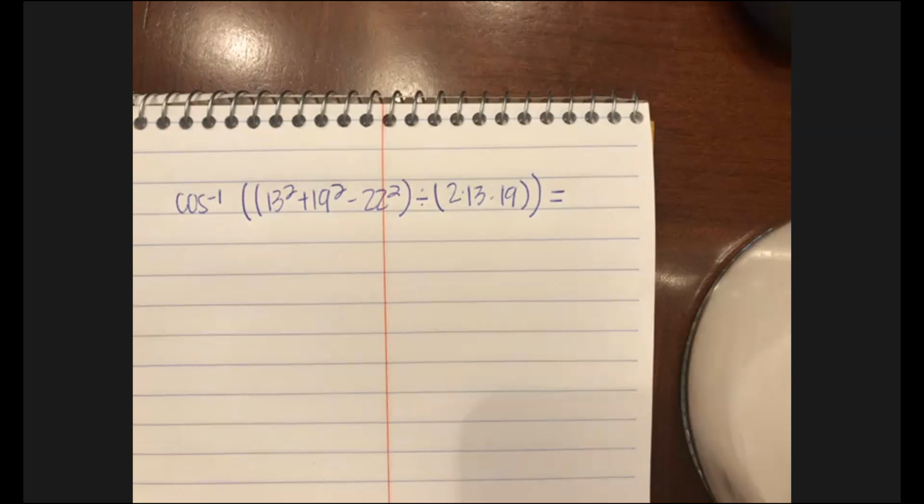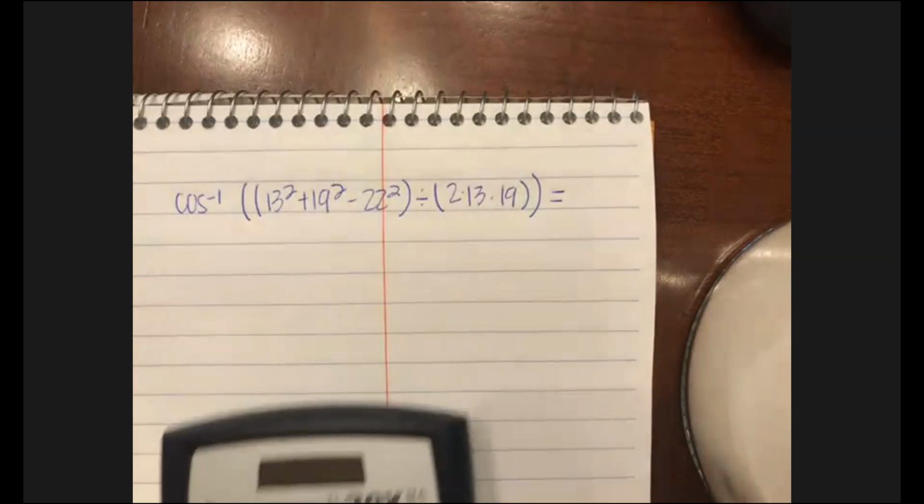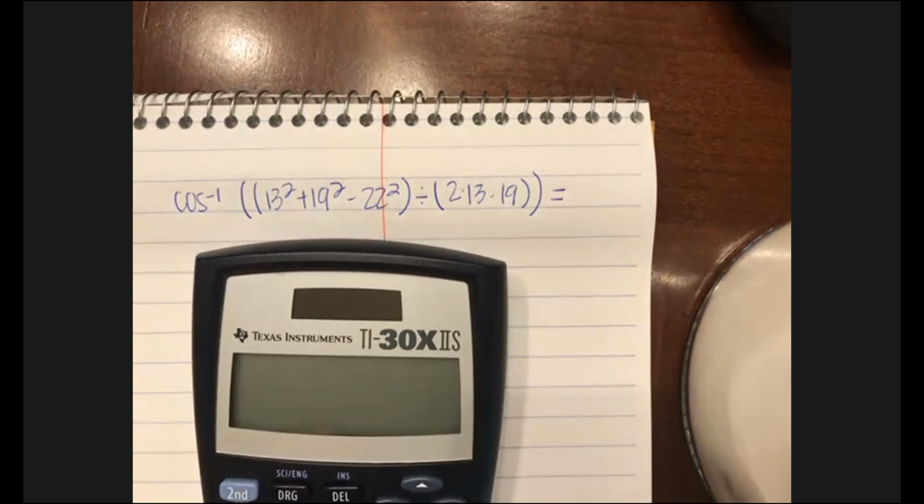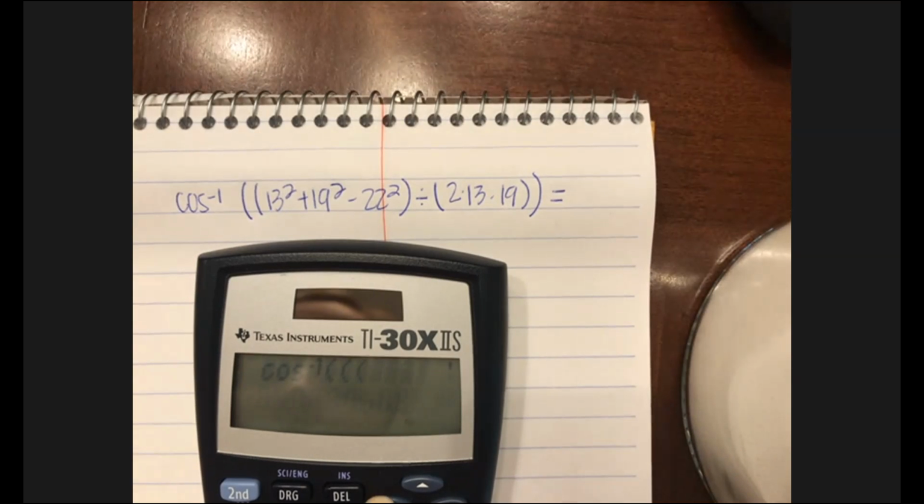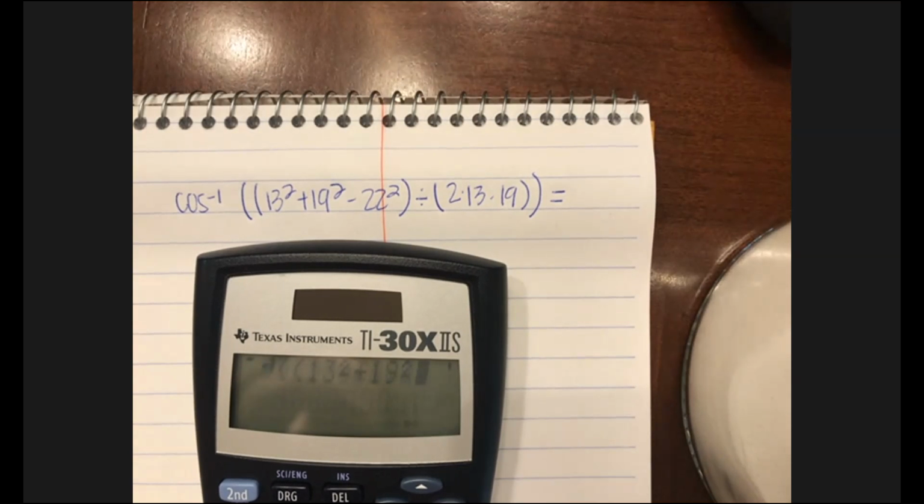So this is exactly how you could enter it in your calculator. And I have my calculator here, so I'll go ahead and do that. So cosine inverse, open parentheses, 13 squared plus 19 squared minus 22 squared, close parentheses, divided by, open parentheses, 2 times 13 times 19, close, equals.